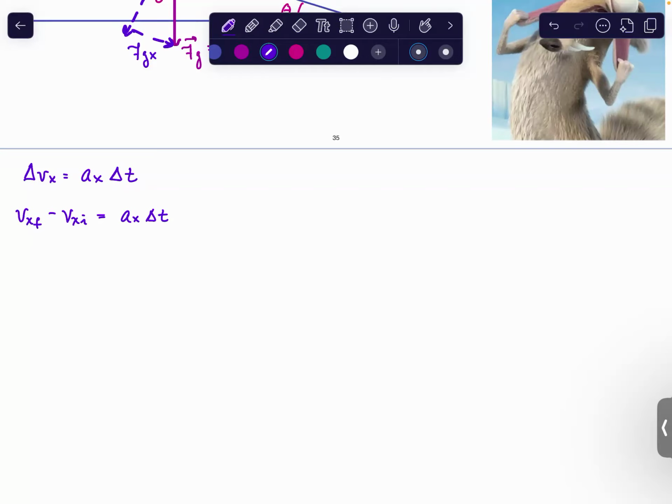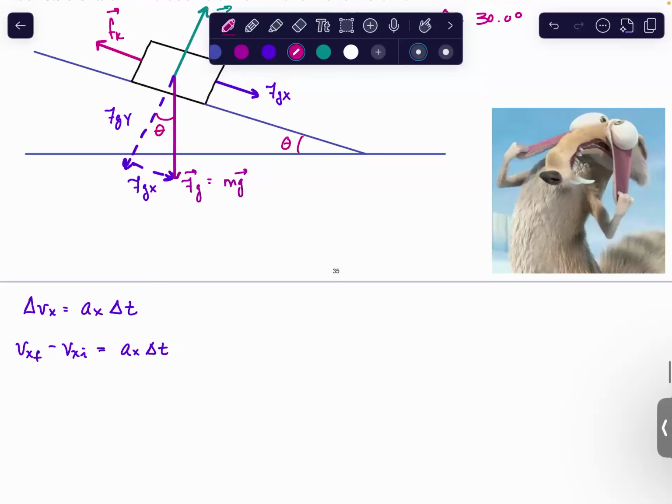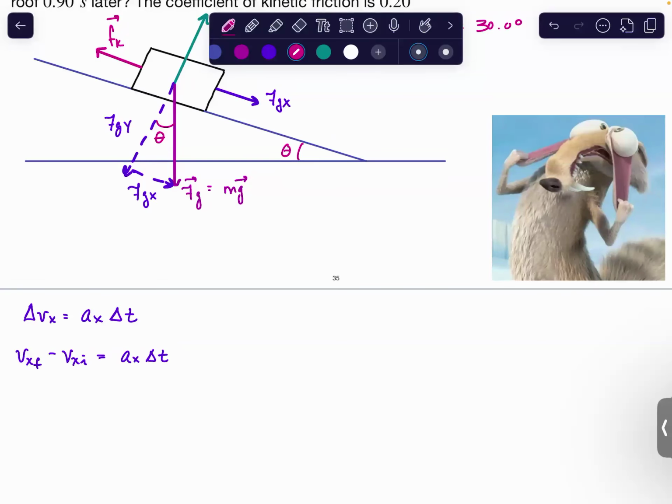So this is something to start getting used to because you're going to start doing it a lot in the next chapter and beyond that, when we're using kinematic equations. Based off what the problem says, one of those velocities can be made zero. Which one is it? The initial one, because the problem says it starts at rest.